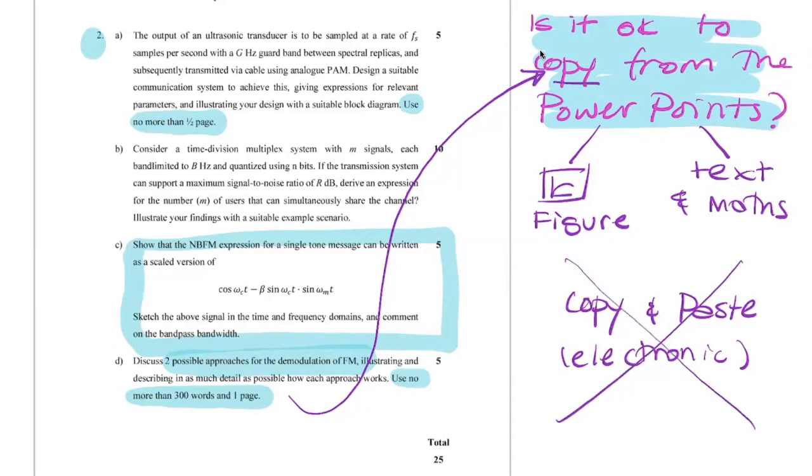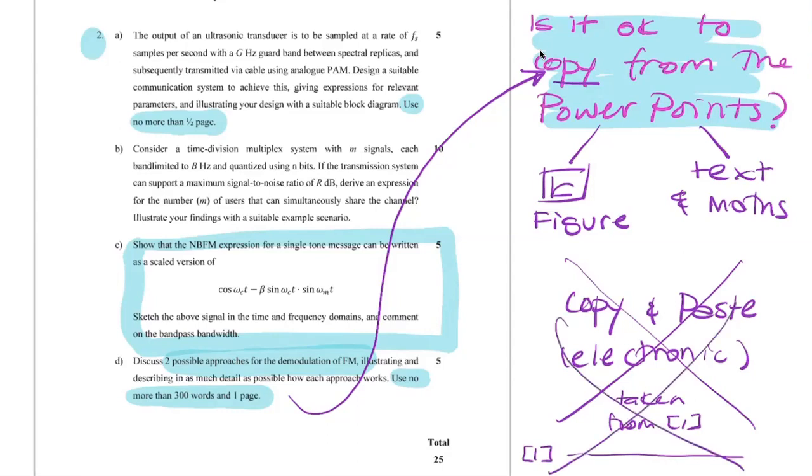If you pick up content from the PowerPoint or from any other source, if you find a figure on the internet that you think looks really good, and you copy and paste it, and then you put taken from reference 1, and then in the references you put the reference, it's still not acceptable.